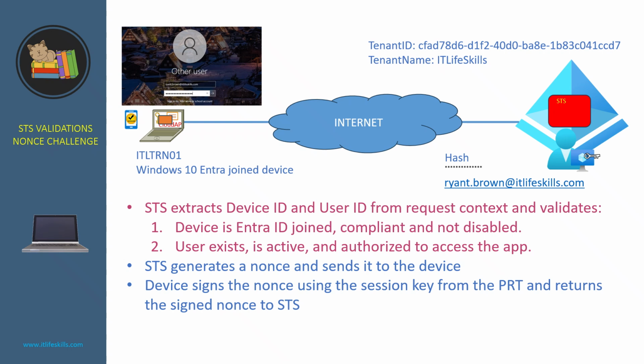After a successful validation, STS generates a nonce and sends it to the device. The device signs the nonce using the session key from the primary refresh token and returns the signed nonce to STS.